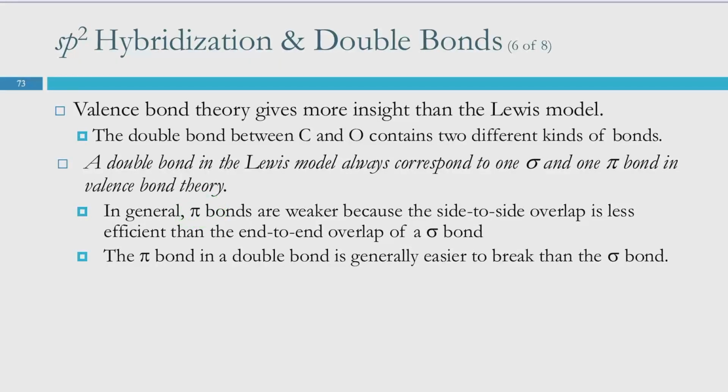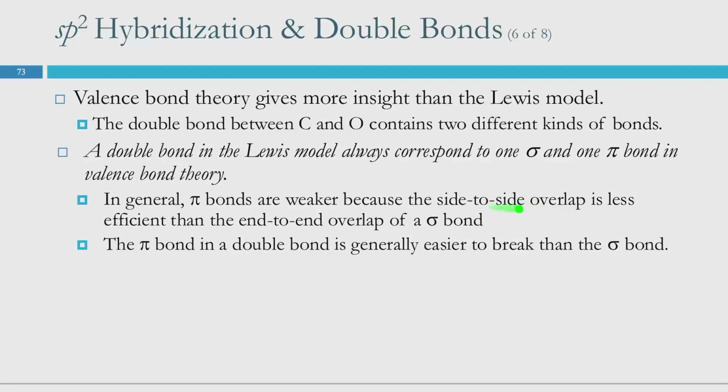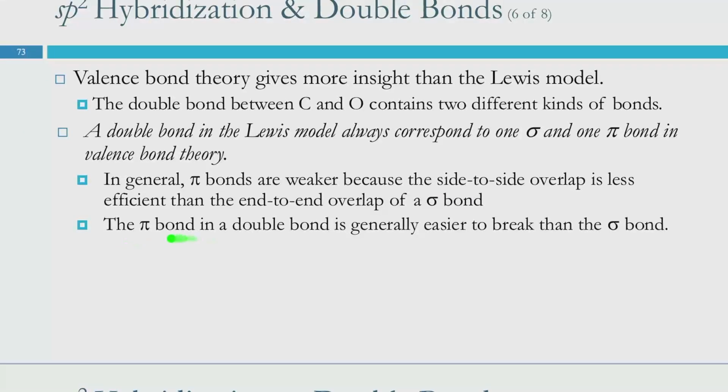Our pi bonds, because they're that parallel overlap, they're kind of that reaching over the fence overlap, they're not going to be able to overlap as well. They kind of have to both stretch to get that orbital overlap, and that's not as good as that direct end-to-end sigma overlap. So that pi bond is generally going to be easier to break than a sigma bond.